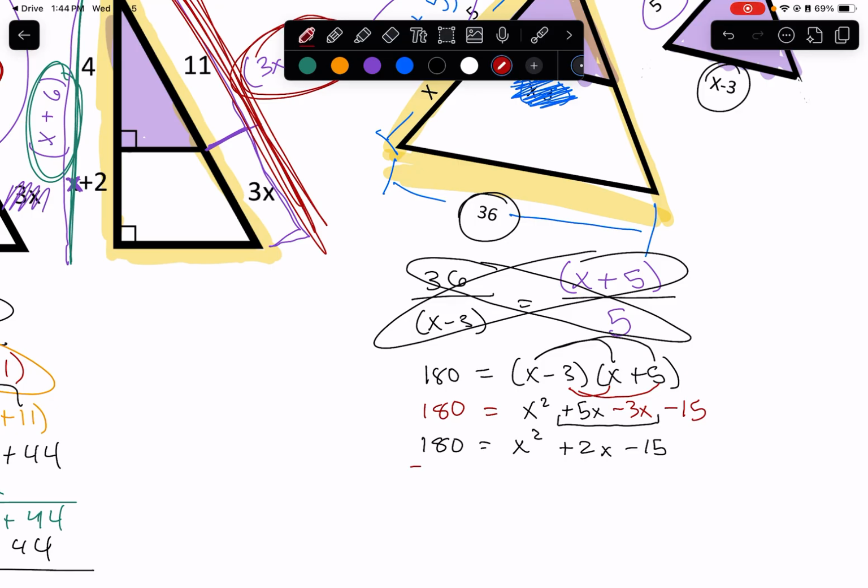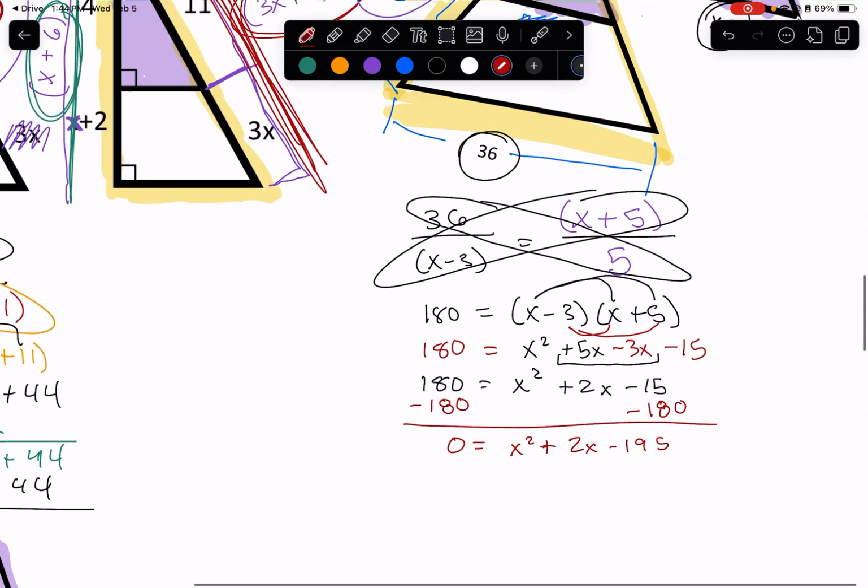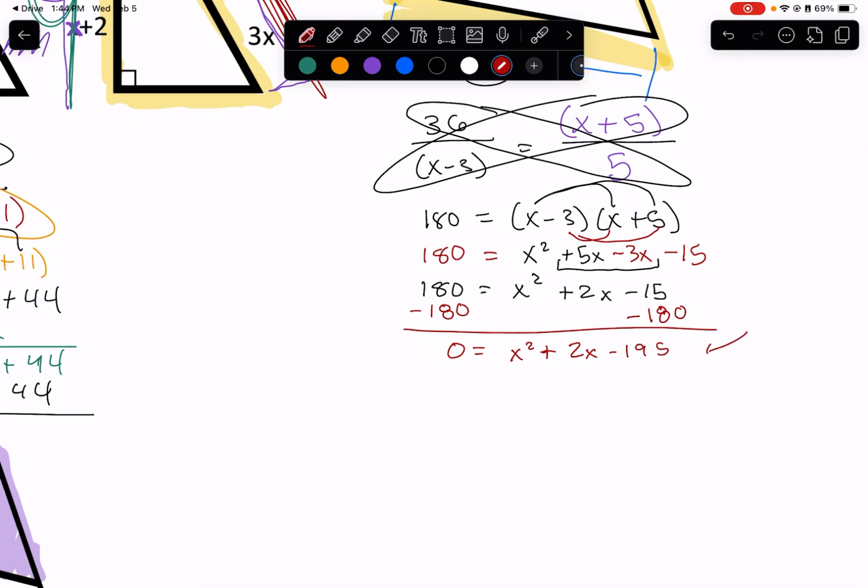I then need to subtract 180 from both sides so that everything is on the same side and my equation is equal to 0. So at this point, I'm not going to give you something that doesn't factor, so we need to factor this. You can use the quadratic formula.